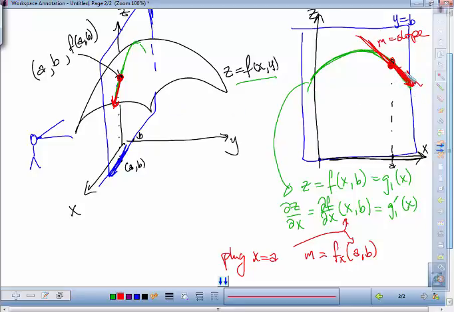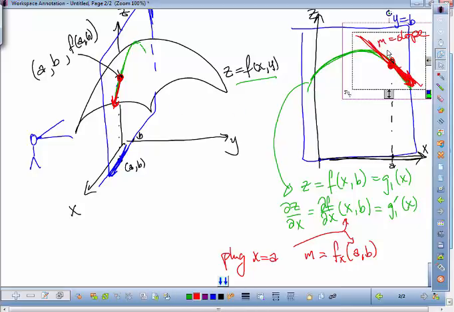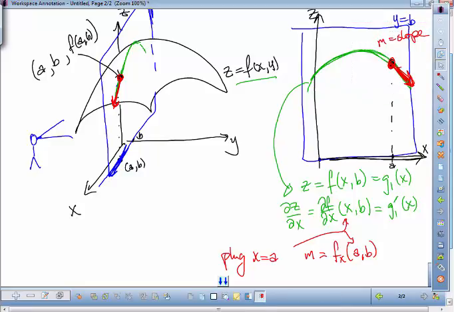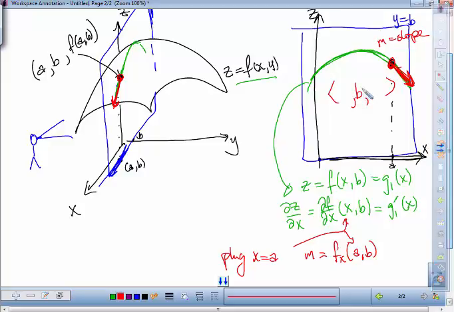So this red vector, okay, there's a red line there too. This red vector is the same thing as this red vector, except we're looking at this red vector on the right as something in 2 dimensions. And we can look at it that way because we know that it's not moving in the y direction.